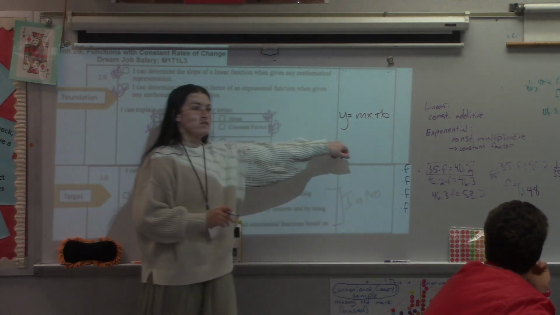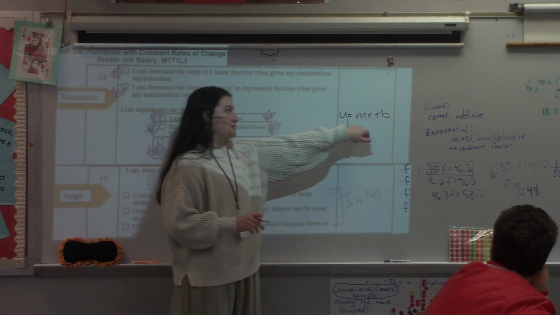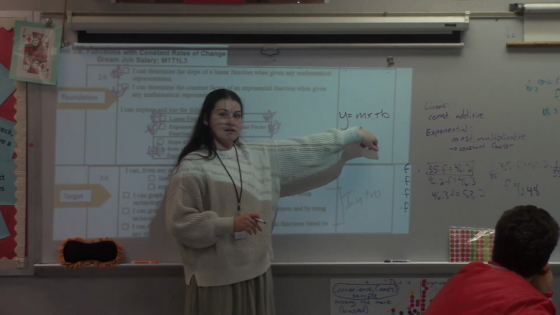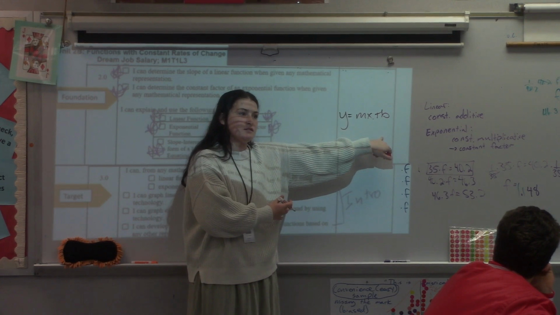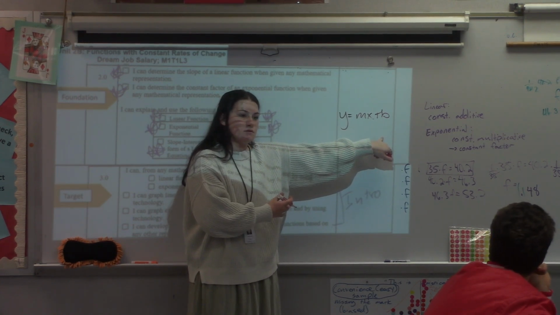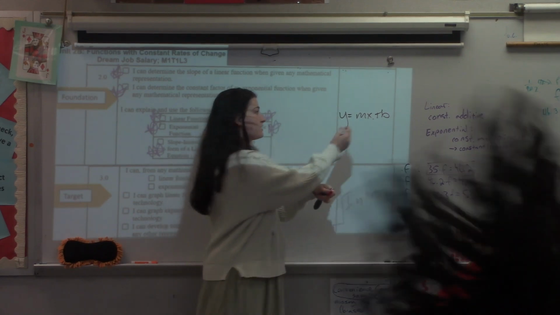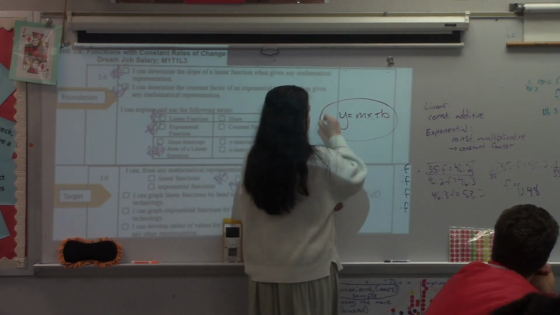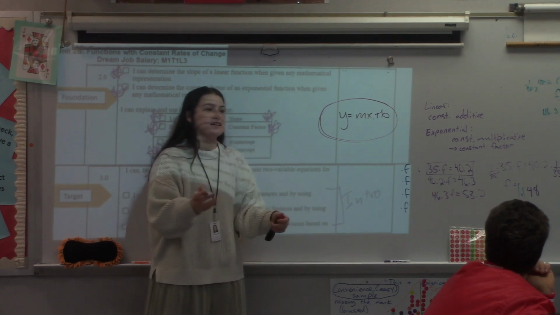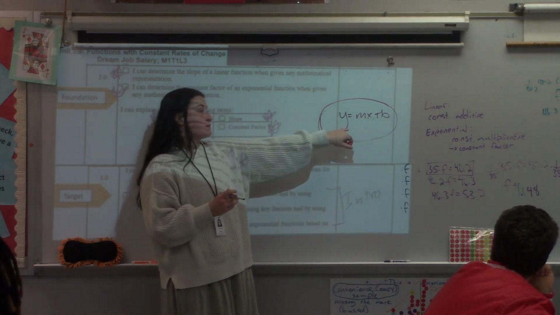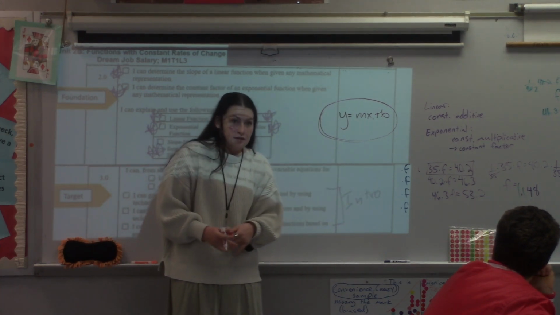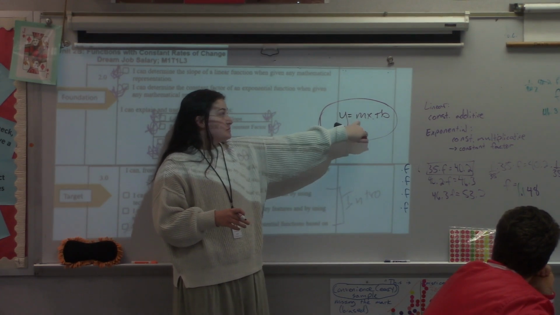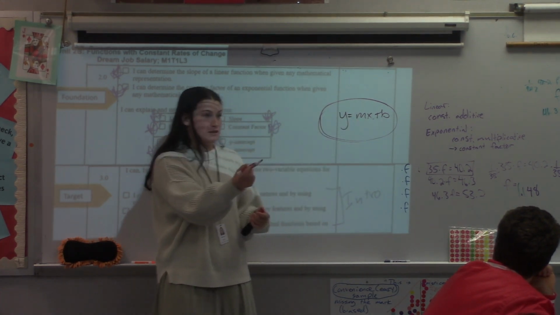M is the slope. What does this represent? Mason said it. When we look at this equation, what should we think of? Linear. Y equals mx plus b is our slope-intercept formula, but the m specifically is our slope, our rise over run, like Deshaun said.